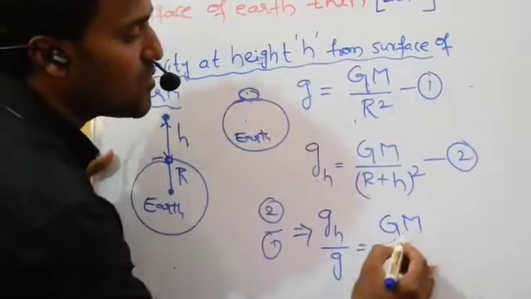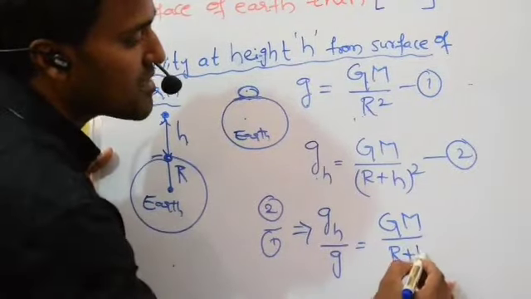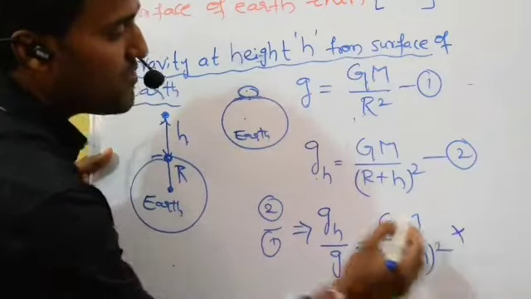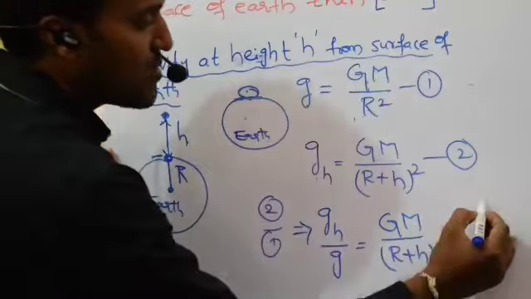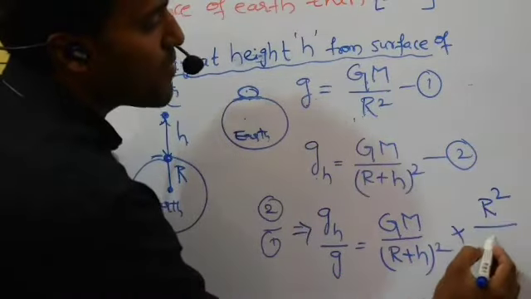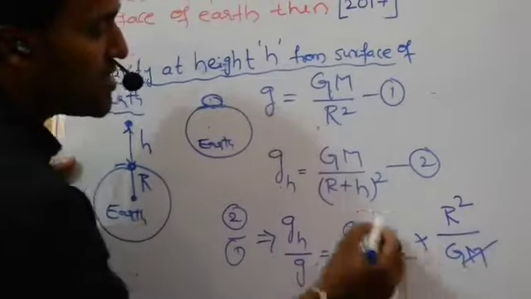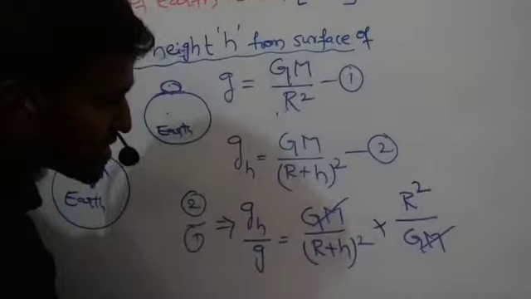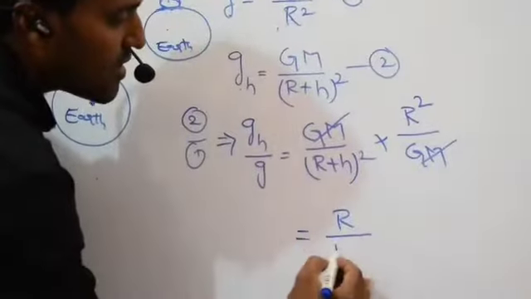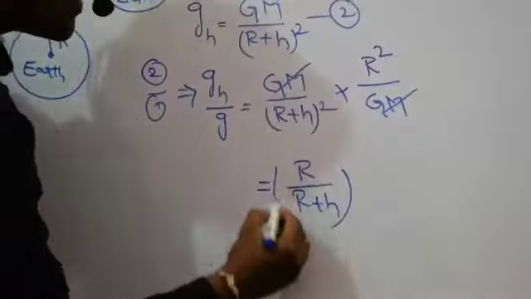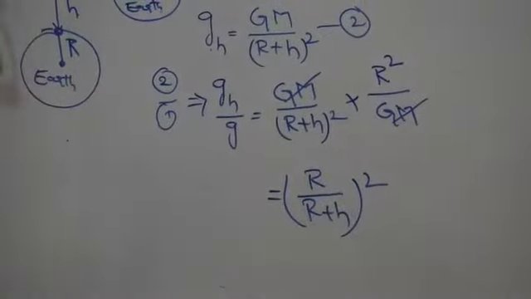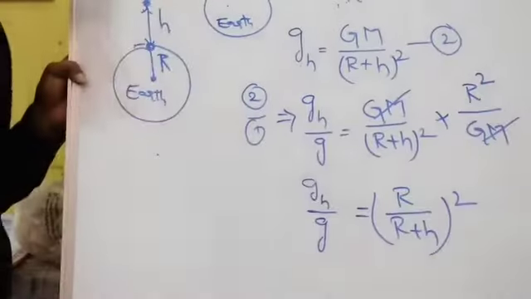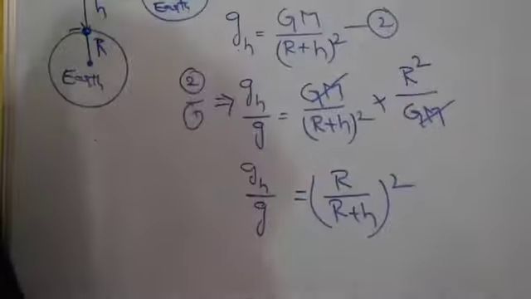Capital G M divided by (R plus h) whole square, divided by, if I do it in reverse order, R square divided by G M. Here GM gets cancelled. We can write here gh divided by g is equal to R square divided by (R plus h) whole square.